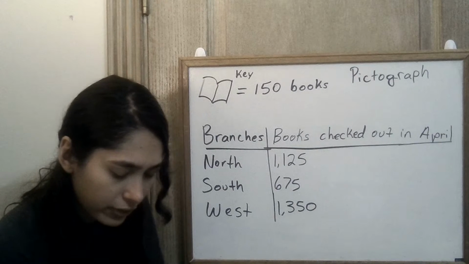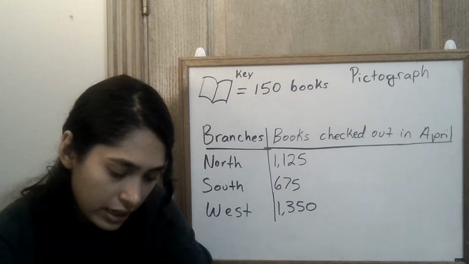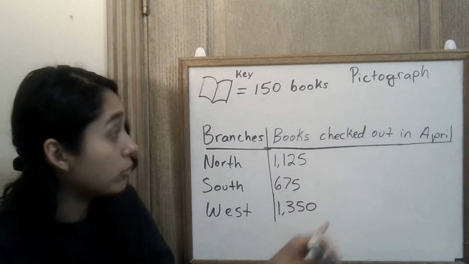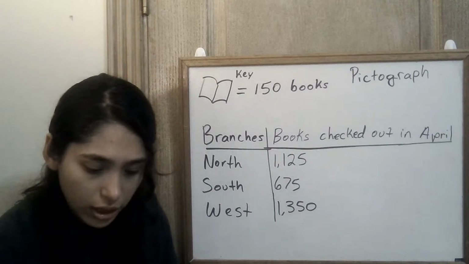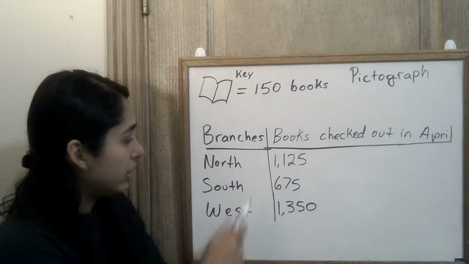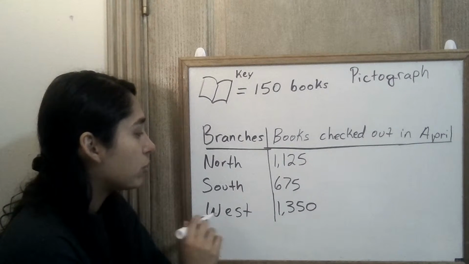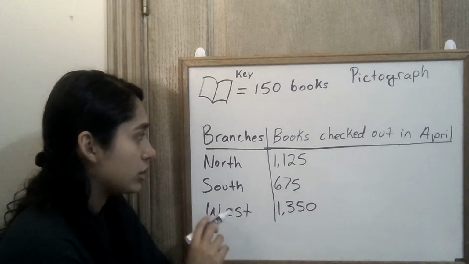So let's say we want to find out in the month of March, April, how many books were checked out from the south and the west branches combined.